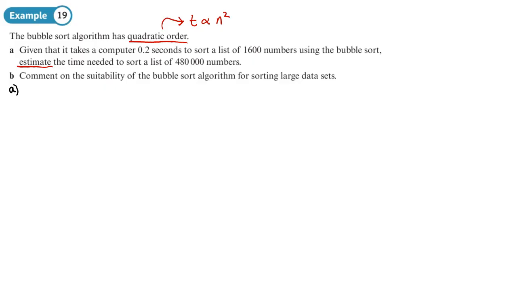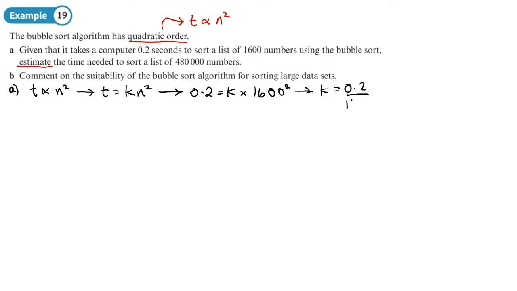Right, so our time is proportional to the number of items squared, which means t equals kn squared. Using the values that we've been given, 0.2 equals k times 1600 squared. k equals 0.2 divided by 1600 squared.